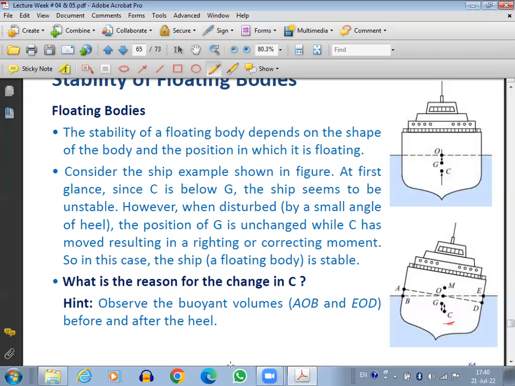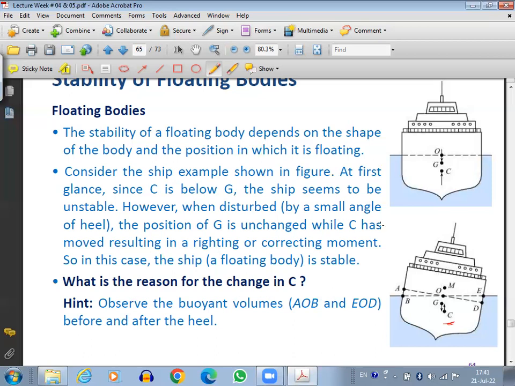But here, when you tilt the object, some part of it is going to come out of the water and some part is going to go into the water. So the immersed shape would be different once you tilt it, and the center of buoyancy would shift according to the volume of the immersed object.